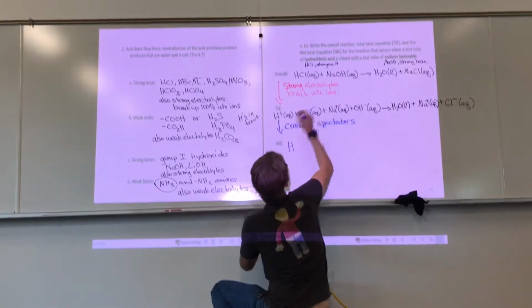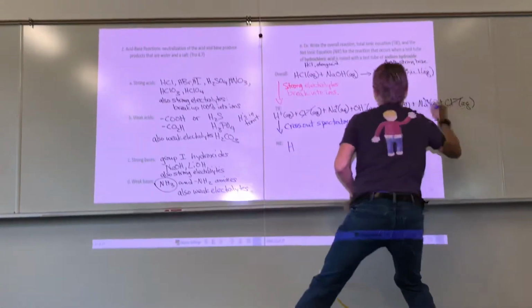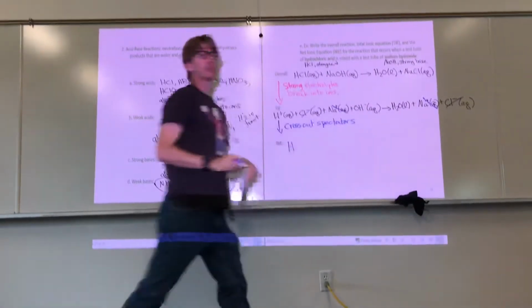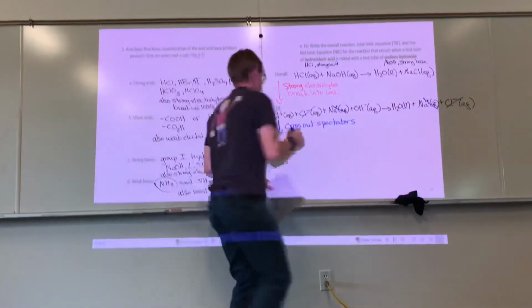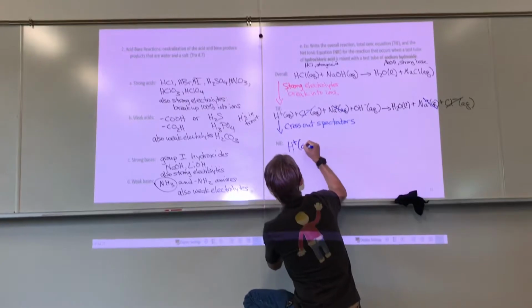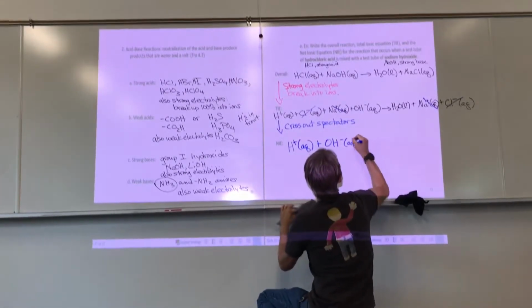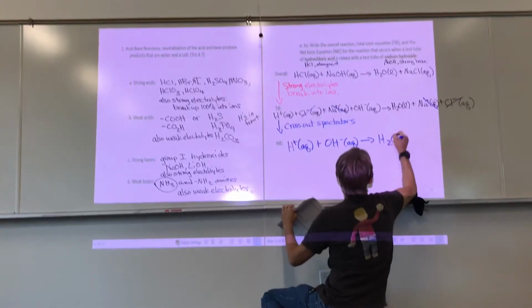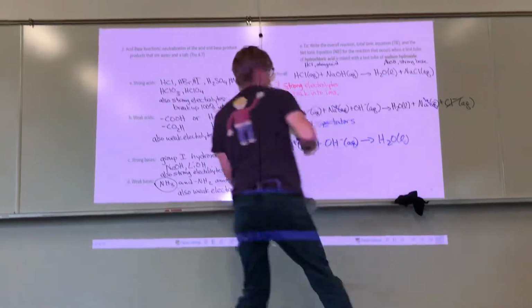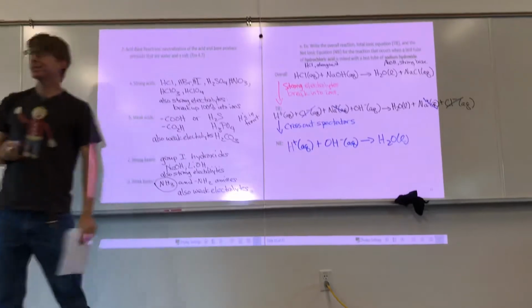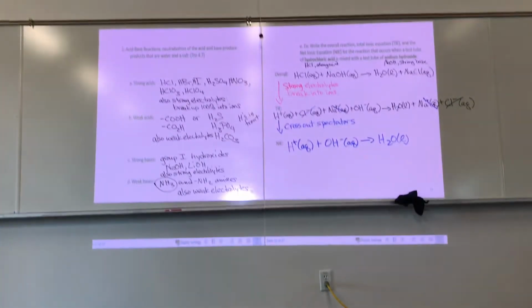Let me cross them out. Cross out the sodium and chloride ions. My net ionic equation is shown there.